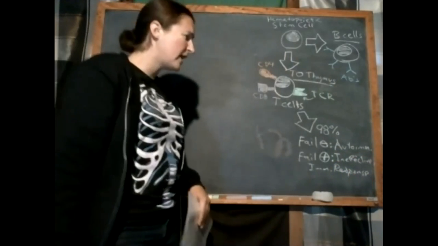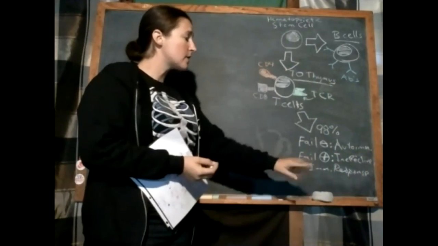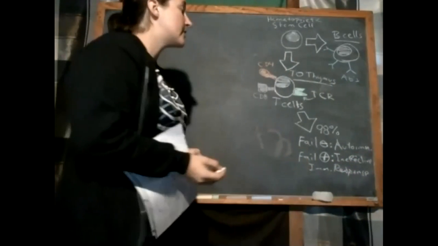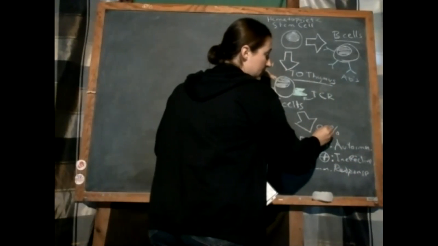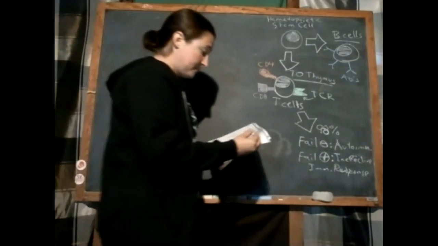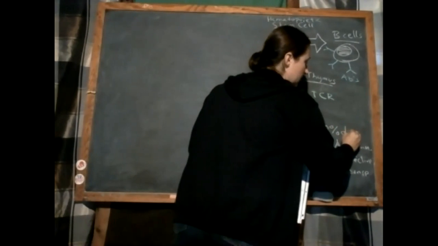Okay. All right, so we don't want to attack ourselves. We don't want to be unable to attack things that do come into our body. And so literally the overwhelming majority of our cells die off, right? We kill them. So 98% are destroyed.